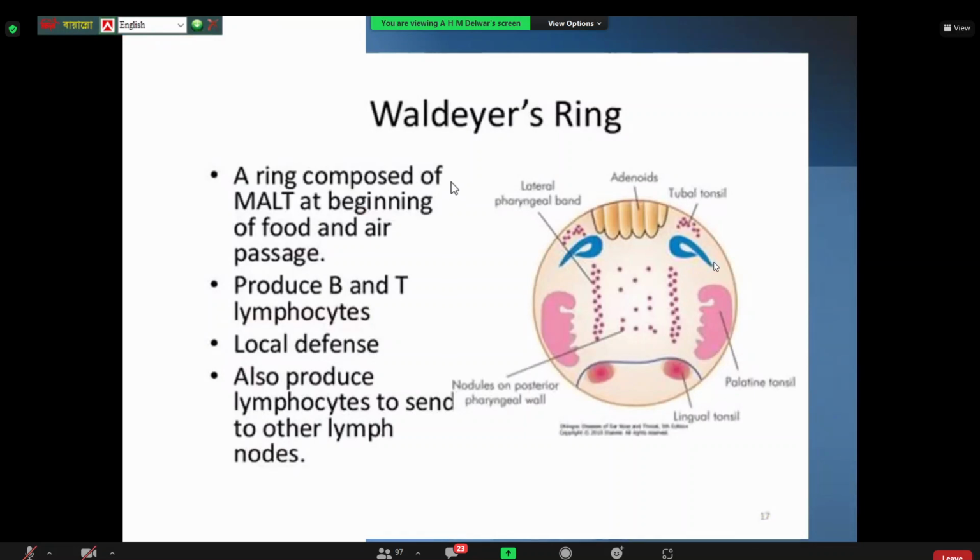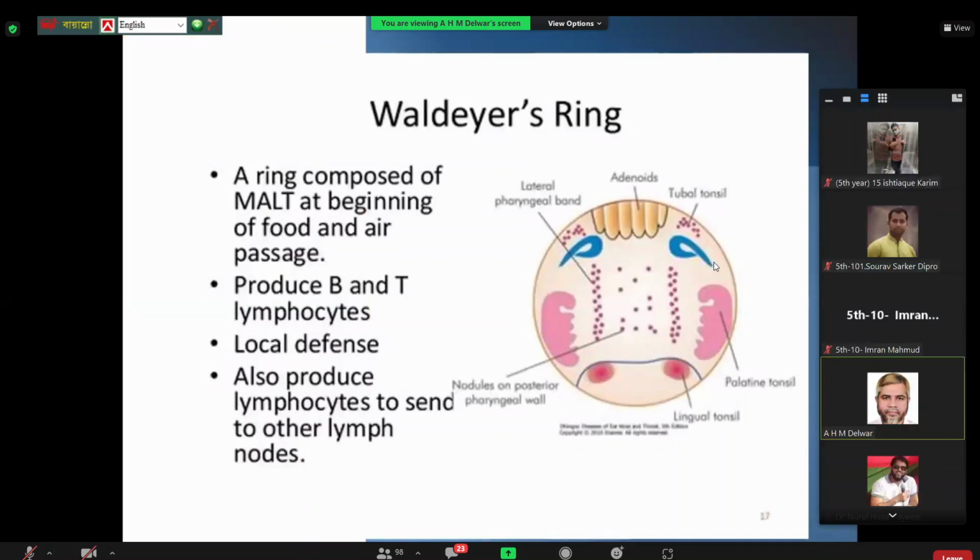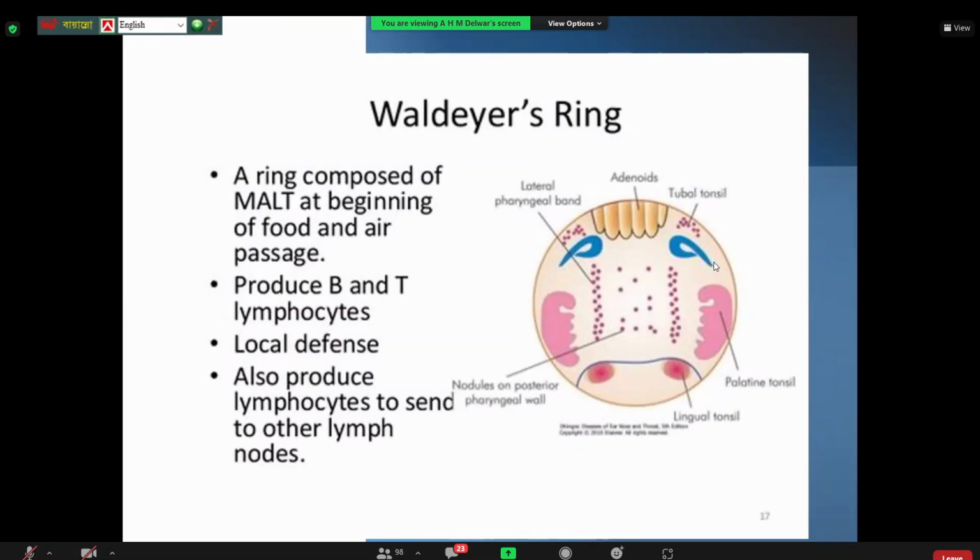A ring composed of MALT at the beginning of food and air passages, and it produces B and T lymphocytes for local defense, because it is at the beginning of the respiratory and alimentary tract.